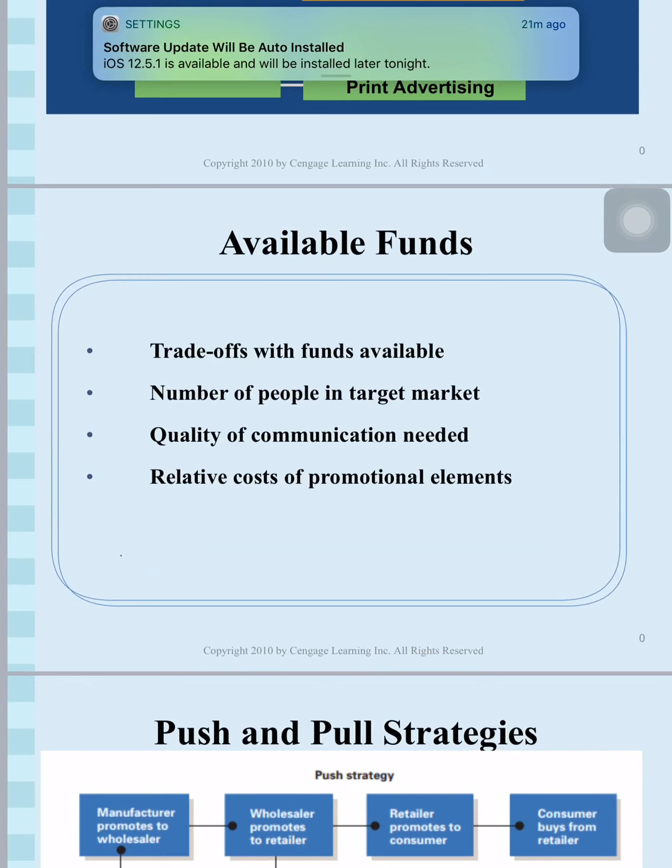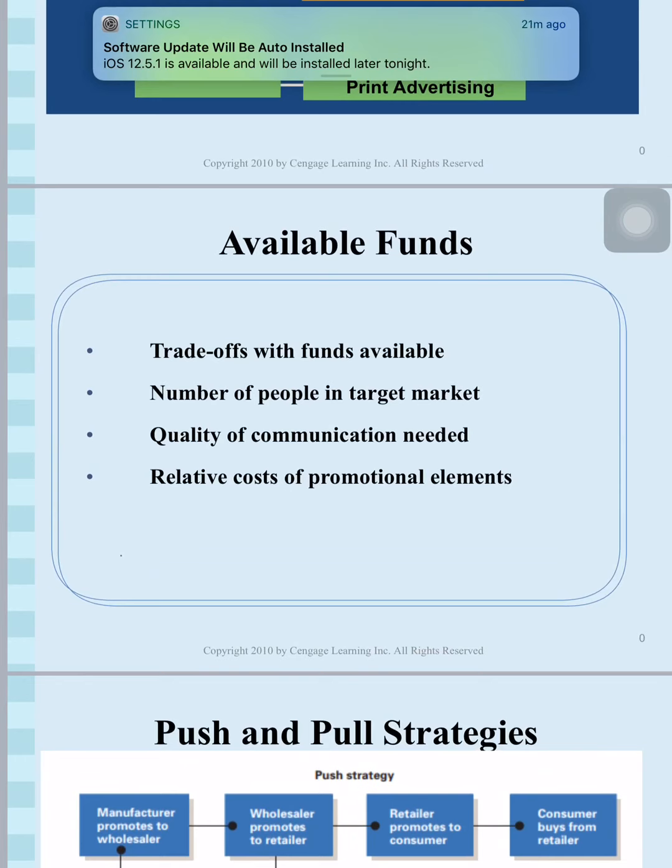The cost per contact in reaching the target market is very high for personal selling, public relations and sales promotion, like sampling or demonstrations.